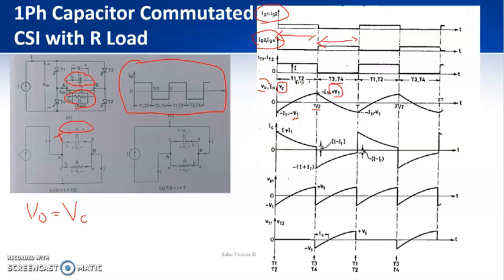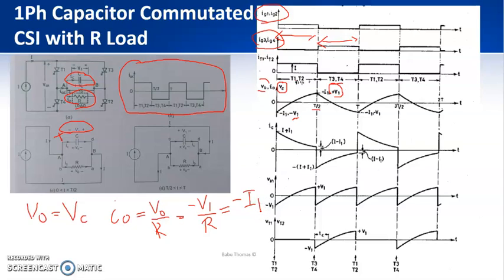Now the next thing is I0. I0 is nothing but the current through the resistance, which is V0 divided by R. At the time t equal to 0, V0 was minus V1, so it is minus V1 by R. I will name it as minus I1.